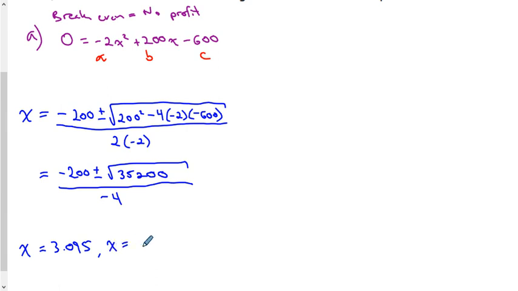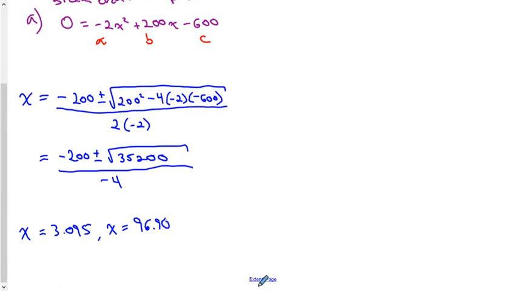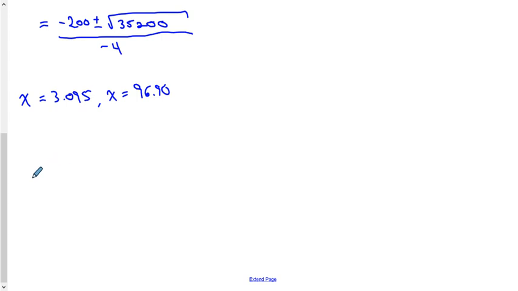We get x equals 96.90. Now we're going to round this to make sense, turn it into dollars and cents.